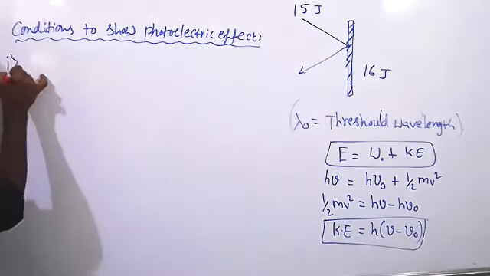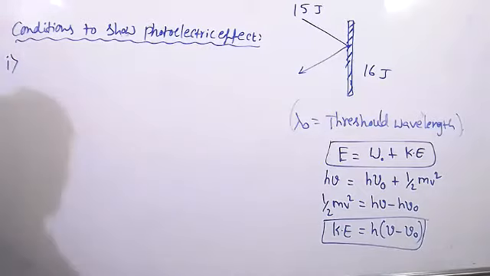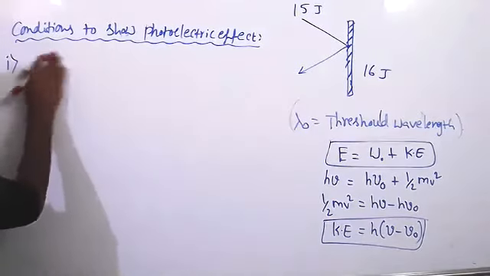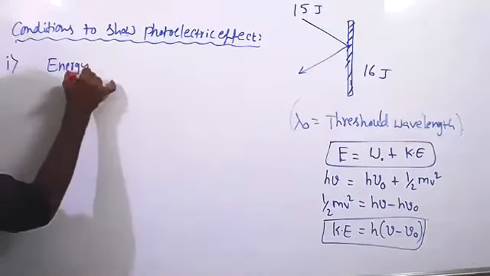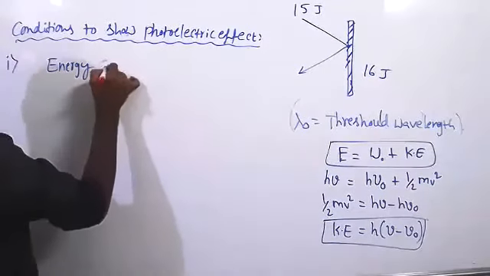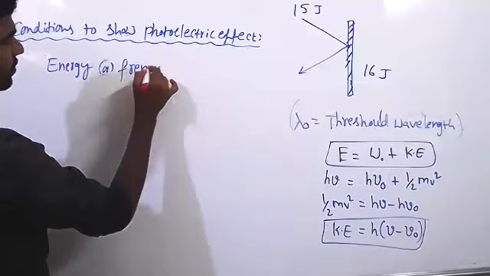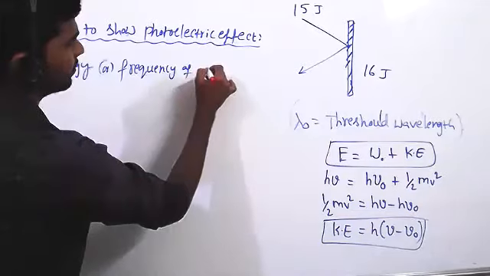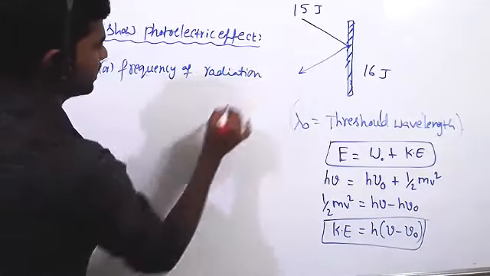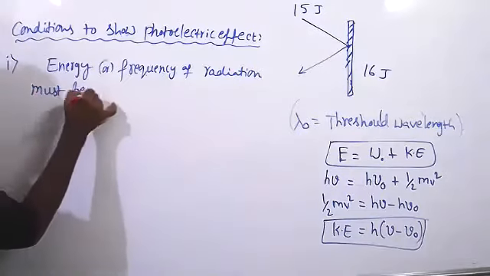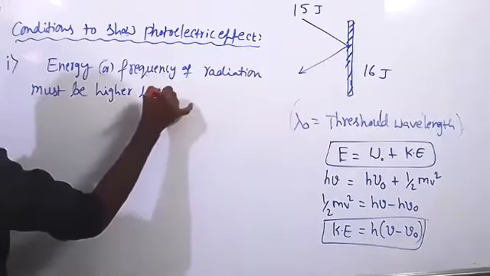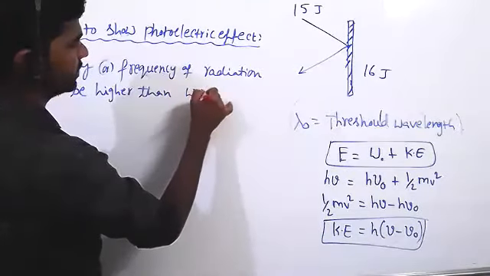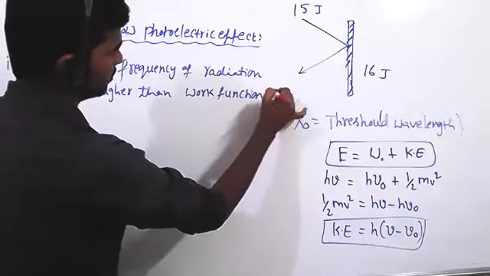The first condition is that the energy or frequency of radiation must be higher than the threshold energy, or higher than the work function, or the threshold frequency.